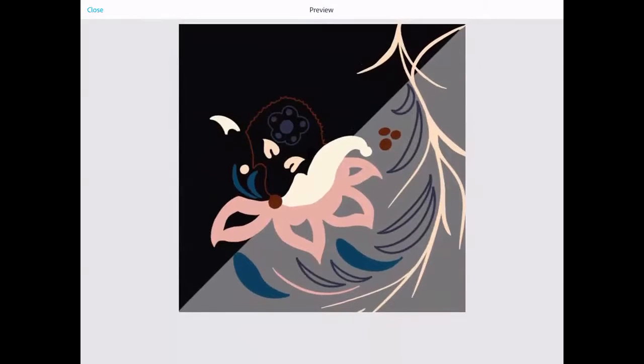In the second design, I incorporated the leading lines from the vines in the original pattern to create the spiral.